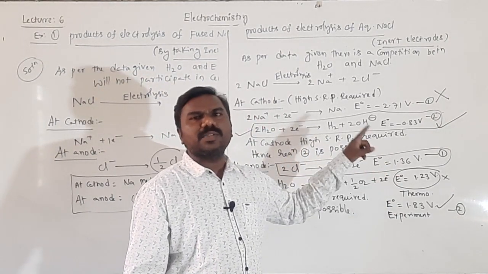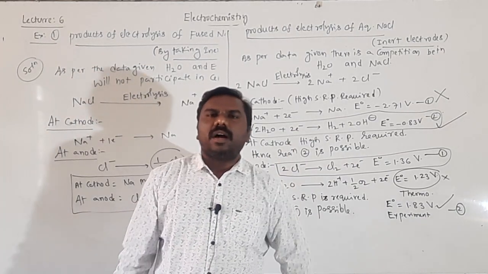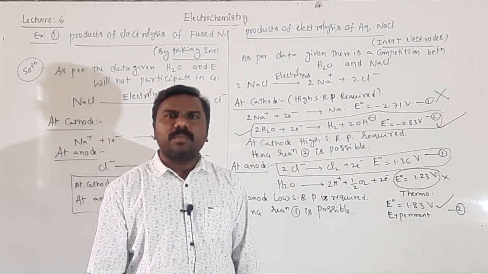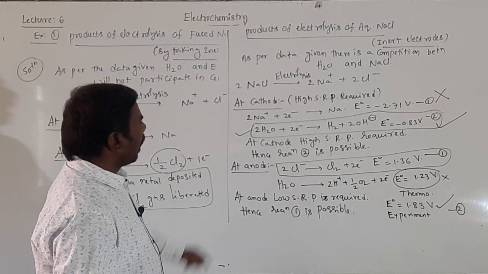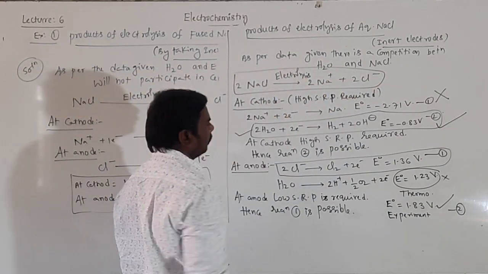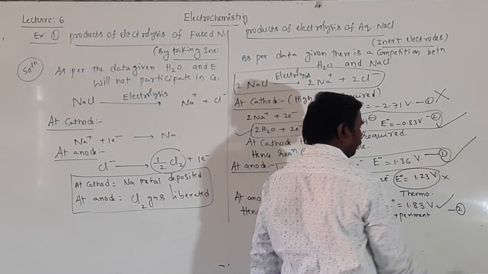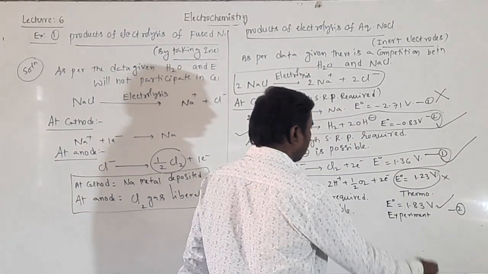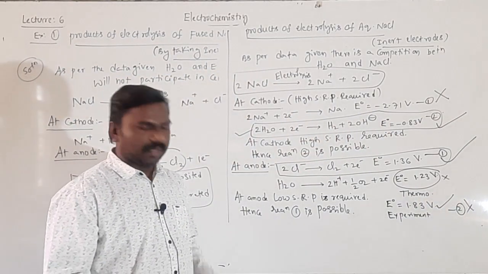That's why that is more favorable at the anode, because only low SRP is favorable at the anode. Getting, all of you? So the possible reactions are: this reaction favorable, this one favorable, this is not favorable, and this one favorable. And the second reaction is also not favorable. Reaction 2 is also not favorable.